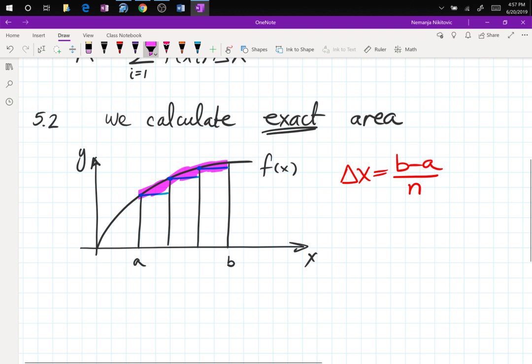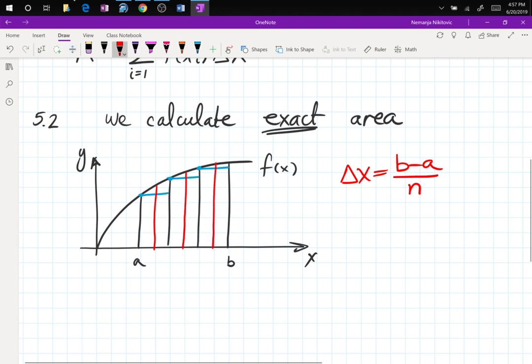So the question is, can we do better? And we said yes last time, right? What did we say yesterday? We can make more rectangles. So we can, let's say, subdivide each one of these.